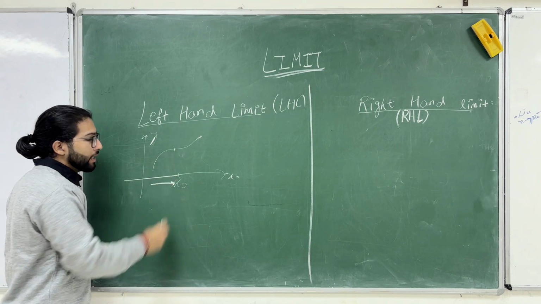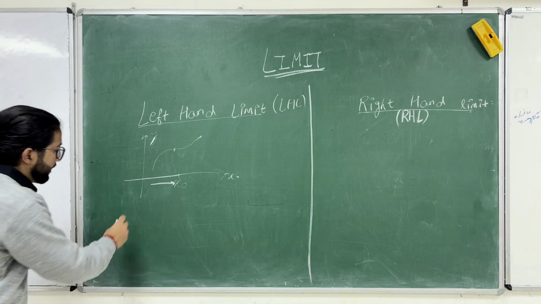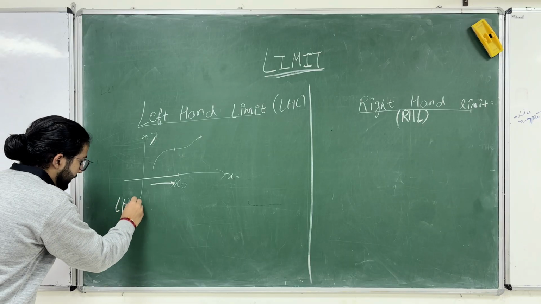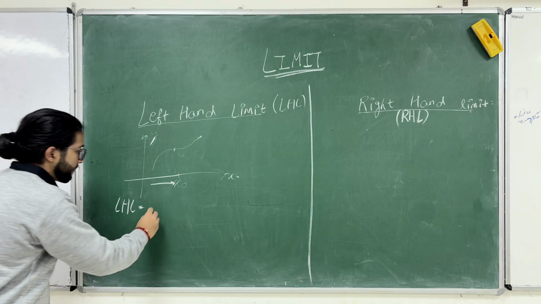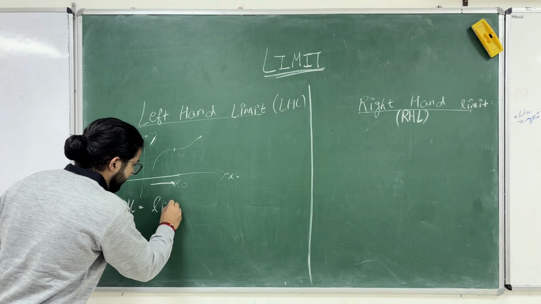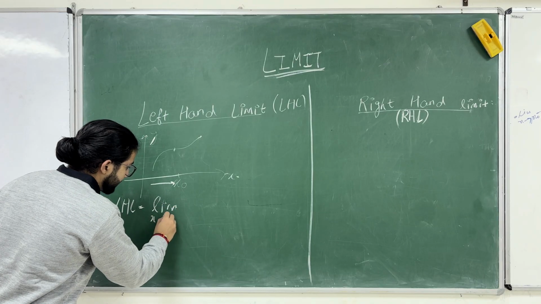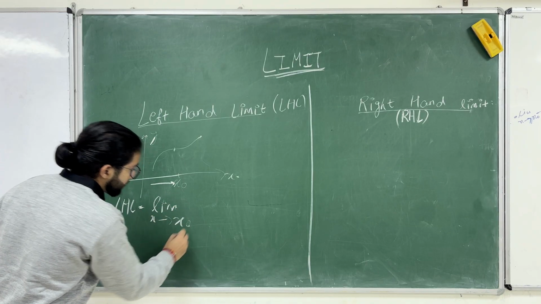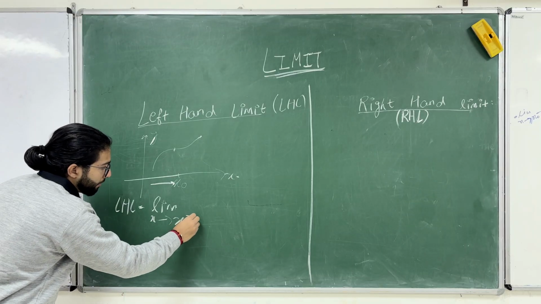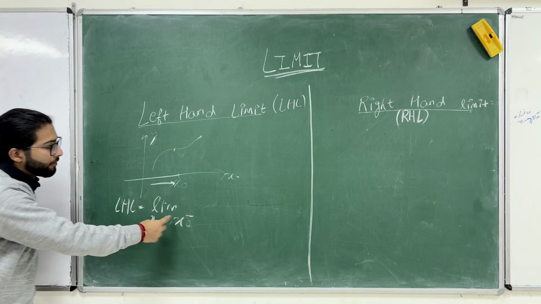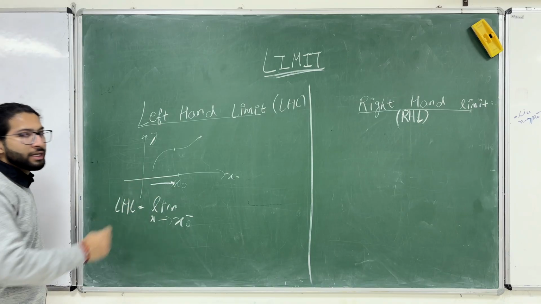So how can we write that? We can write LHL is equal to limit x tends to x naught, and we have to write minus there, which means we are going towards x naught from the left hand side.